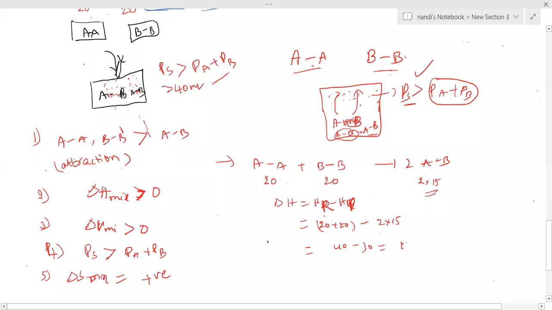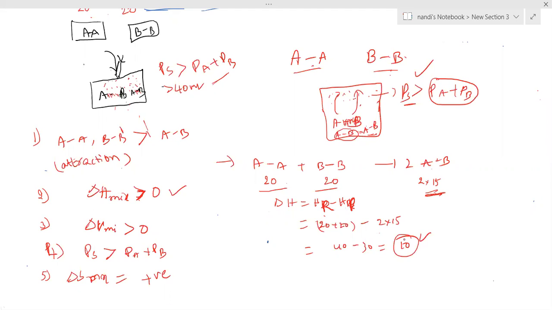You will get 10. Is this a positive or negative value? Positive. So delta H is positive. If reactants have stronger attraction than products, delta H is going to be positive. This is the thermodynamics explanation in terms of bond energies. Otherwise, we can simply say positive means everything is positive. You can remember that word.